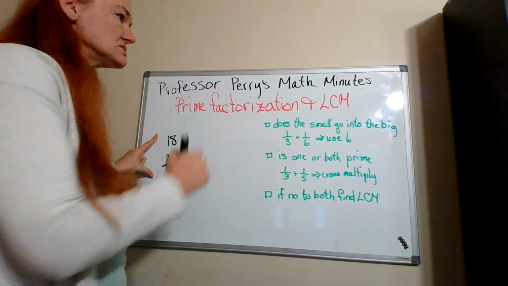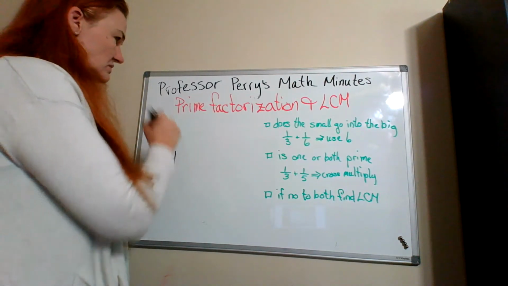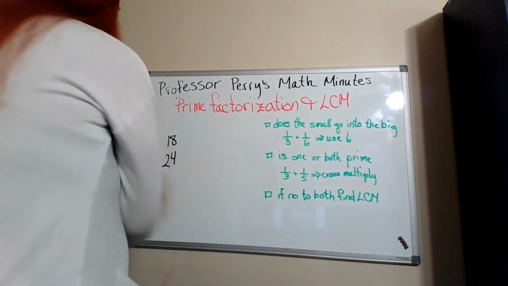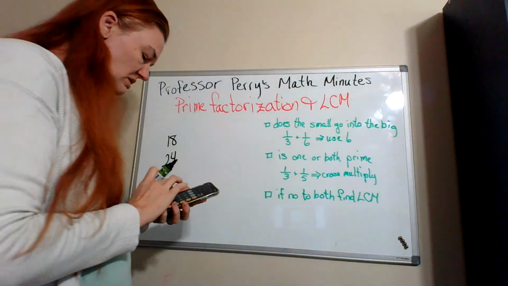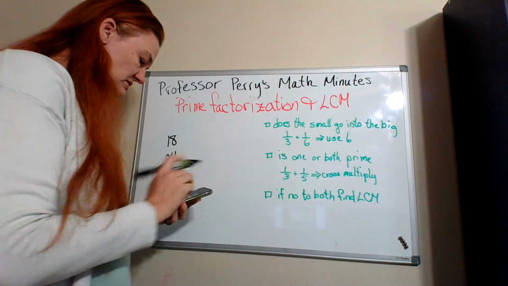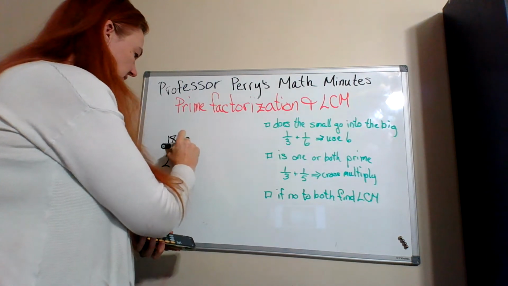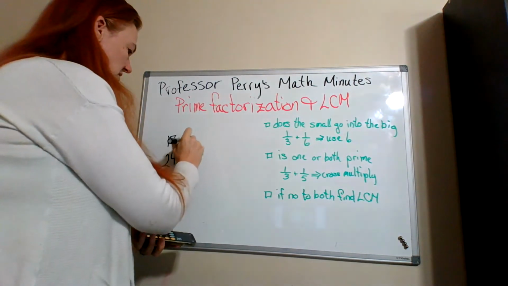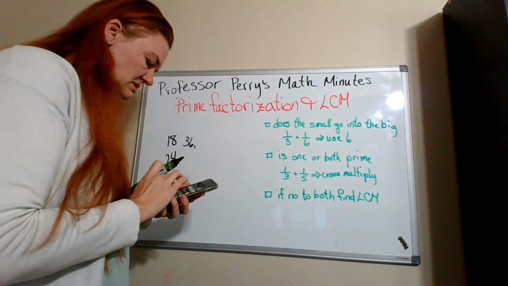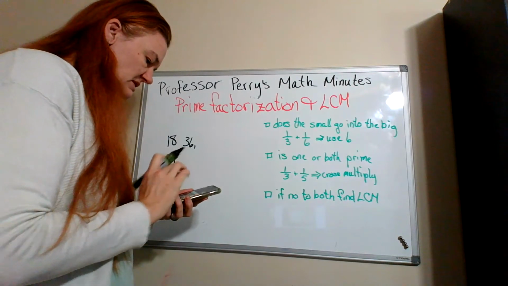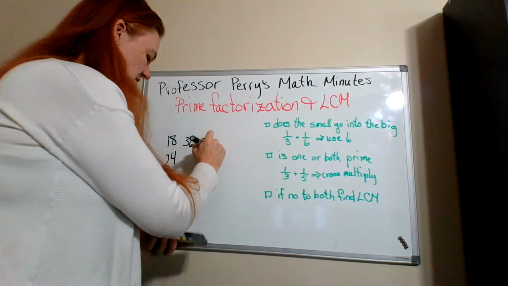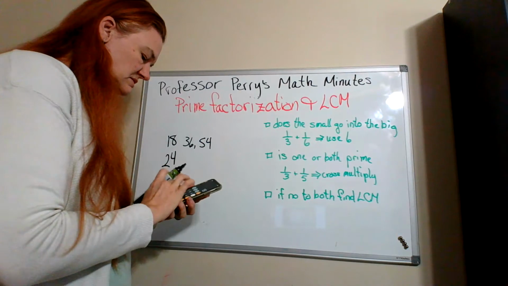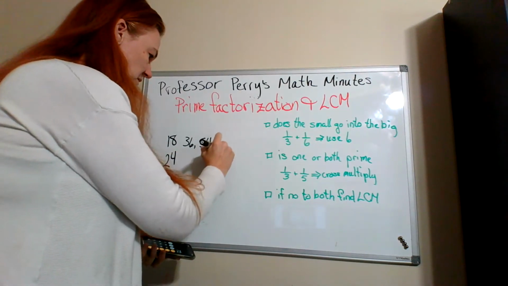Okay, so one way to do this is to list the multiples. So 18 times 2 is 36. 18 times 3, 54. 18 times 4, 72.